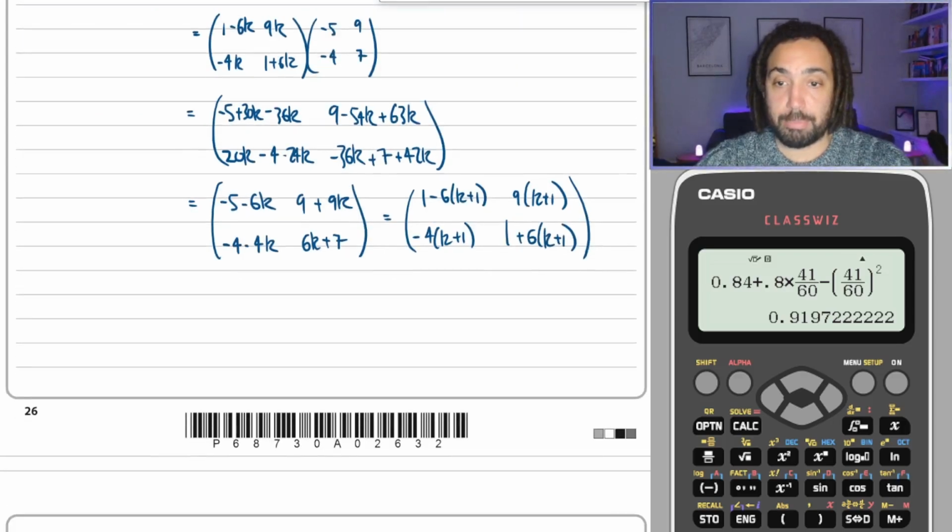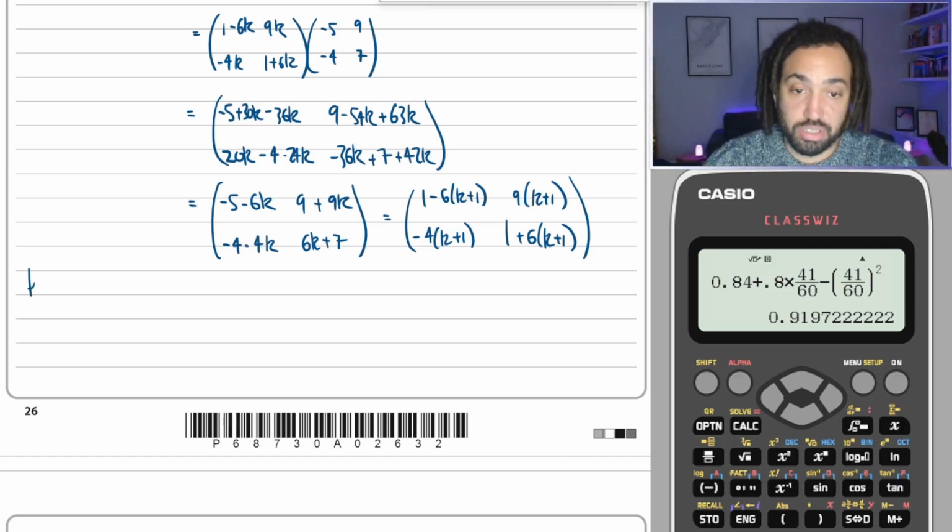Perfect. Okay, so what's next is the following statement, and we can say that hence it is true for n equals k plus 1.